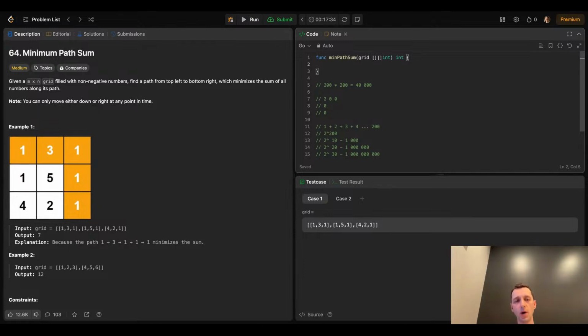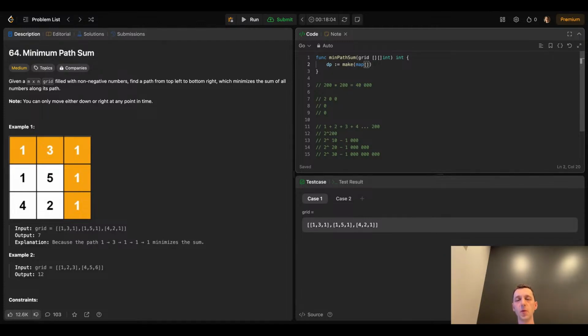If we store a map of subproblems, dynamic programming, DP is going to be: make a map which will store arrays with 2 numbers.